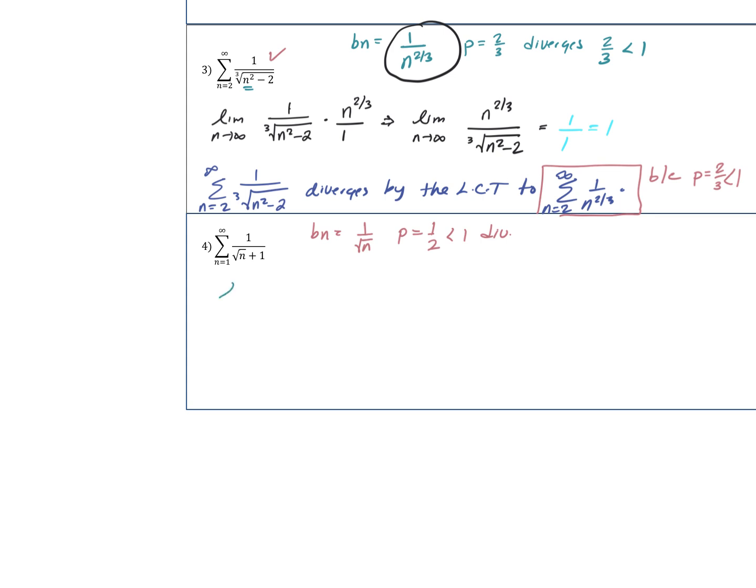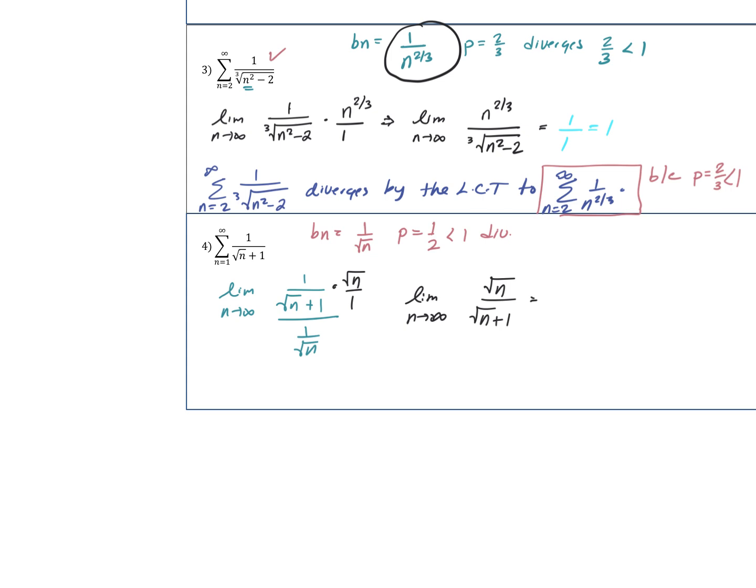So we're going to do the limit as n goes to infinity, a sub n over b sub n. You could flip it, so root n over 1. So we've got the limit as n goes to infinity, root n over root n plus 1.